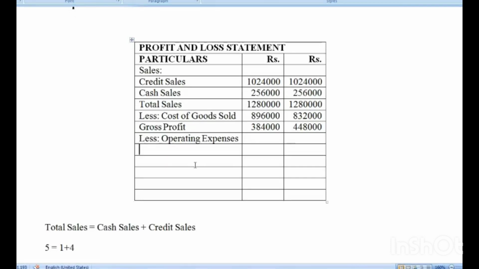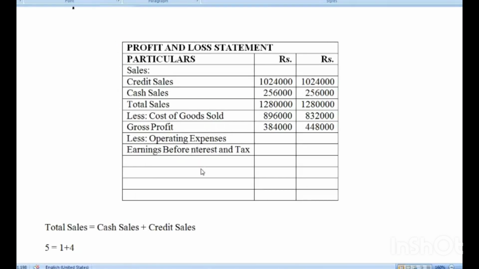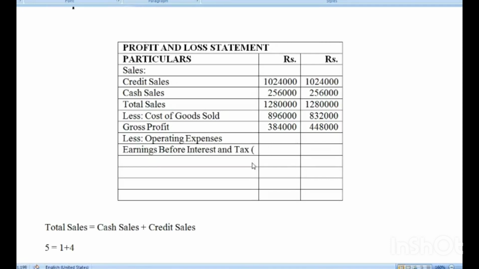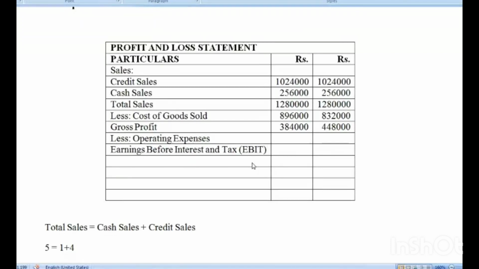Then the answer is known as earning before interest and tax, also known as EBIT, or some people say PBIT. But as operating expenses are not available, EBIT is also not possible to calculate.